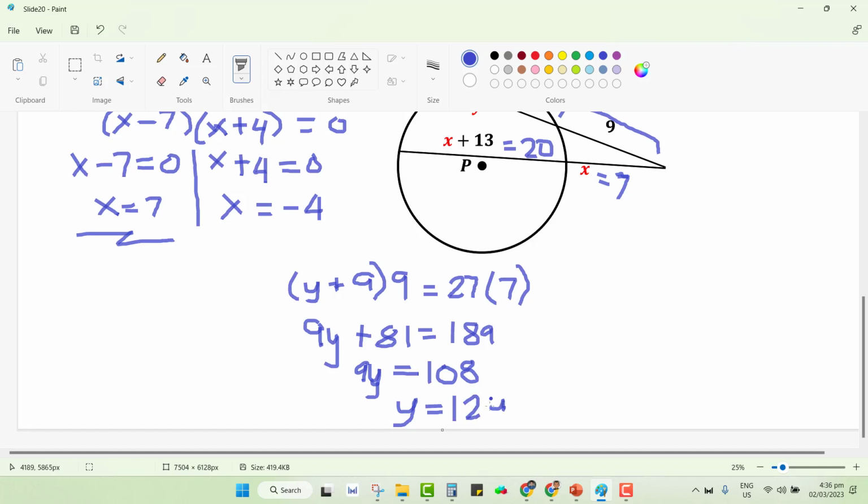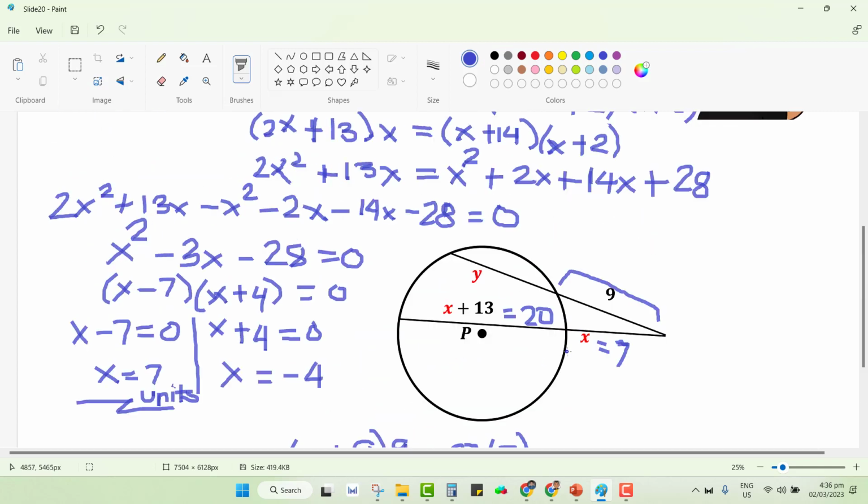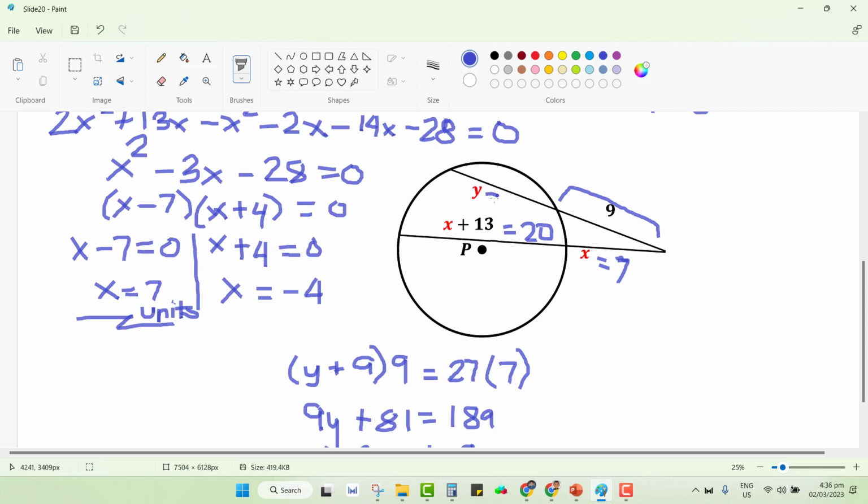So we are going to use 12 units here, and 7 units here as well. Before we end, let's check if it's really 12 by substituting here. If this is 12, then the entire secant segment is 12 plus 9, which is 21, times 9.